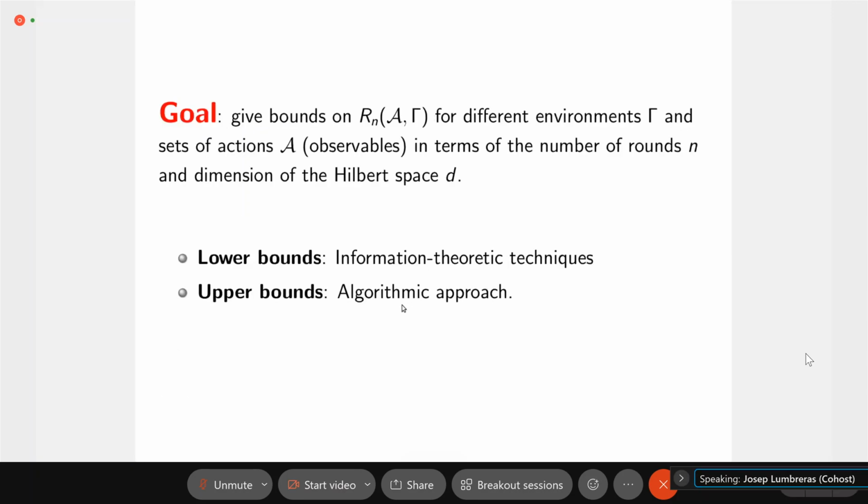So the goal of this work is to give bounds on this minimax regret for different sets of environments, or quantum states, and sets of actions, or observables, in terms of the number of rounds n that the learner interacts, and the dimension of the Hilbert space where the quantum state and the observable live. We differentiate between lower and upper bounds. For the lower bounds, we will use information theoretic techniques. And for the upper bounds, we'll find algorithms and analyze the regret.